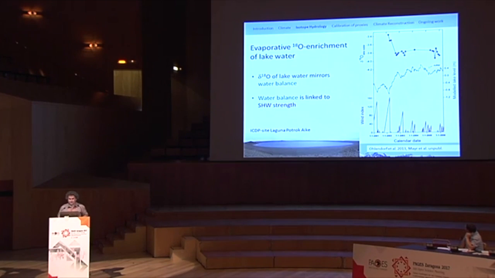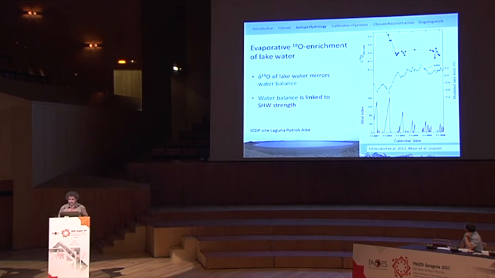And there was a period in 2001 and 2002, the first part of the record, where we had extreme wind strength, and this is shown by the wind index. The wind index means here accumulated days of above average wind strength over a certain period.